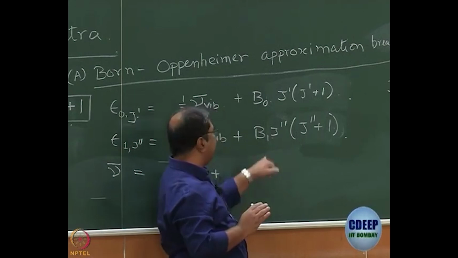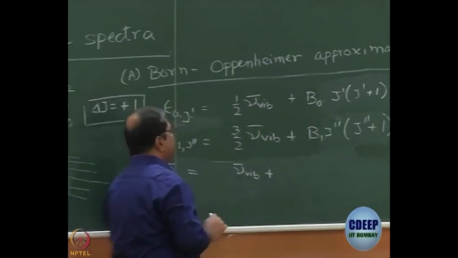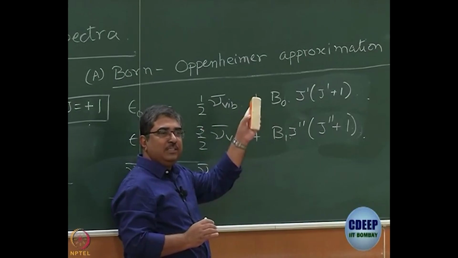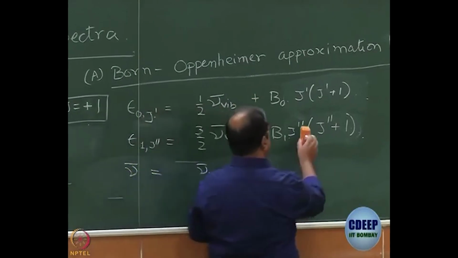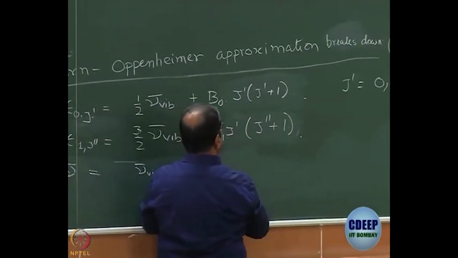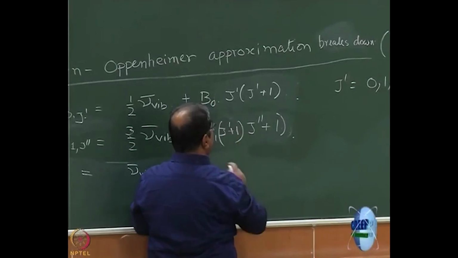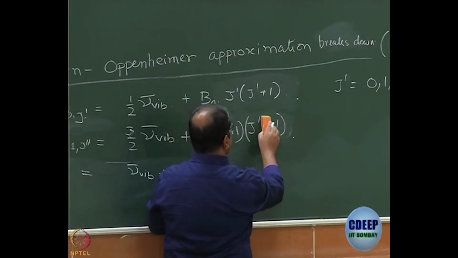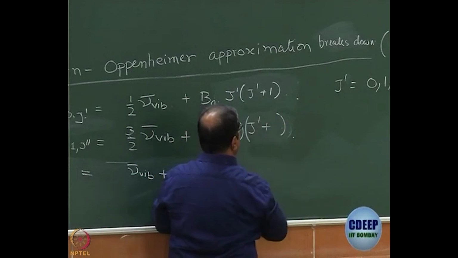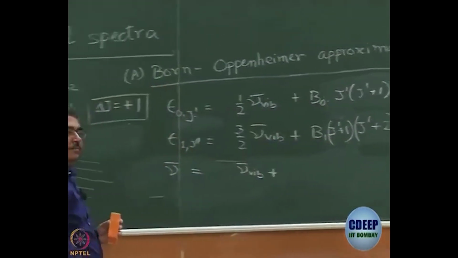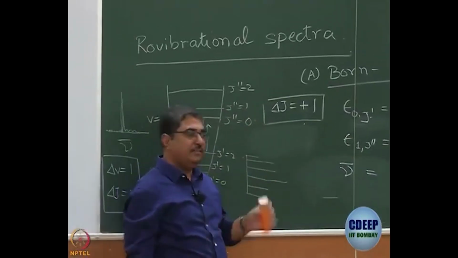But before that, once again let us write the second one in terms of j dash. Here again j dash goes from 0 onwards. So, this again becomes j dash plus 1 multiplied by j dash plus 2. Is that correct?